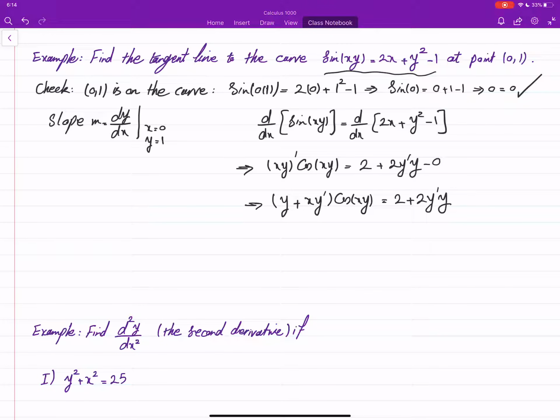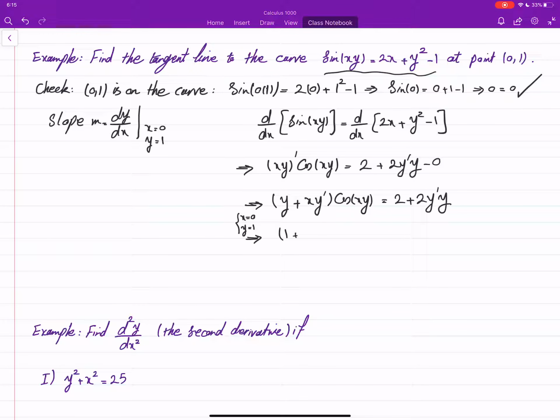Well, if someone would ask you to find the derivative, you would go ahead and find y prime out of this equation. But now we want to find the value of y prime at x equal to 0 and y equal to 1. So this would make life easier if we plug in (0, 1) at this stage and then find y prime. You see right away how this simplifies things.